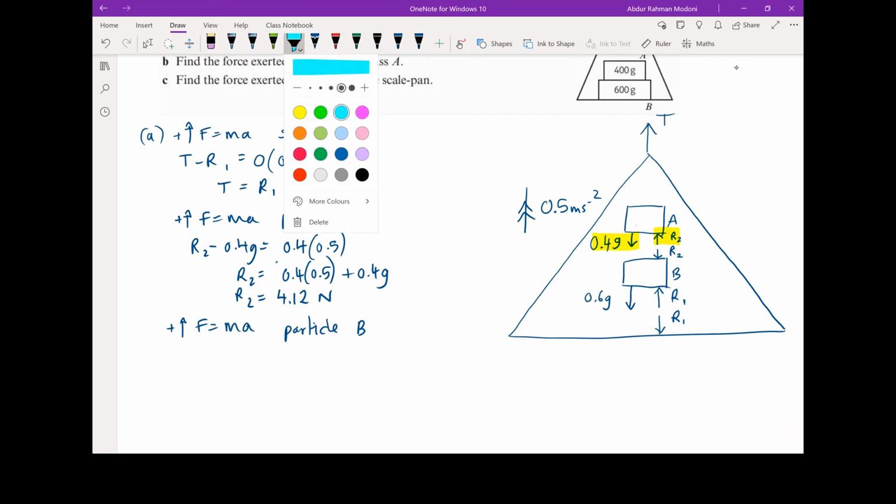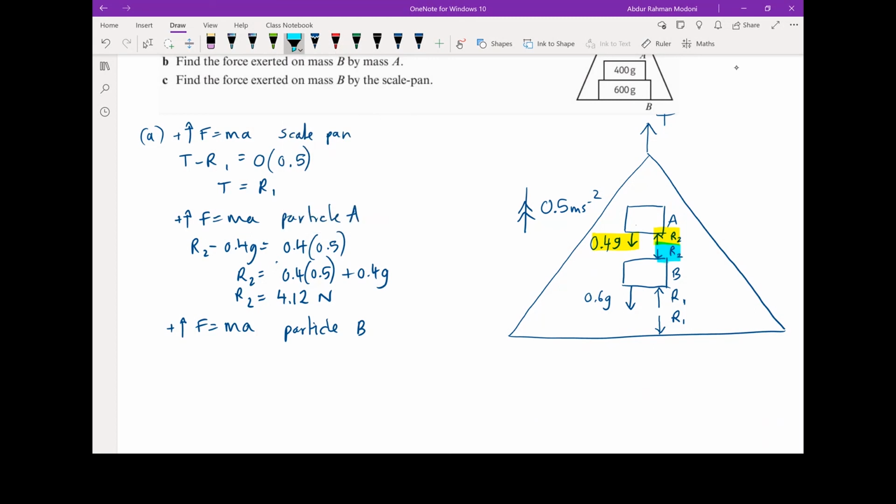Well, there's an R2 here, there's an R1 here, and there's a 0.6 g here. So let's apply this to Newton's second law, F equals ma. Forces acting upwards, we have R1 minus R2 minus 0.6 g is equal to the mass of particle B, which is 0.6 kilograms, times the acceleration, which is 0.5.